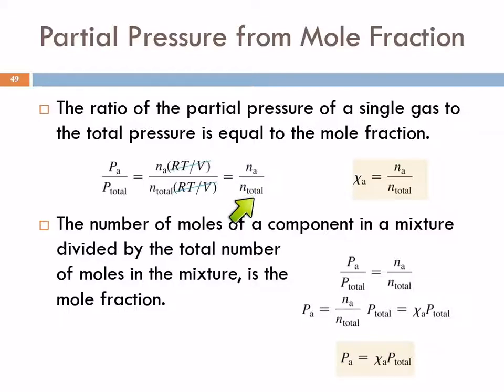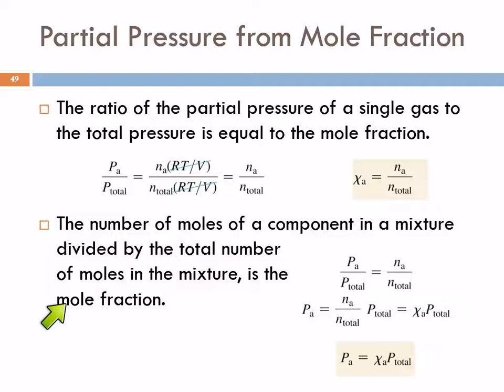That's called the mole fraction. If you multiplied by 100, it would be the percent by moles. And that's given the symbol chi. Chi of A is the moles of A divided by the total number of moles.